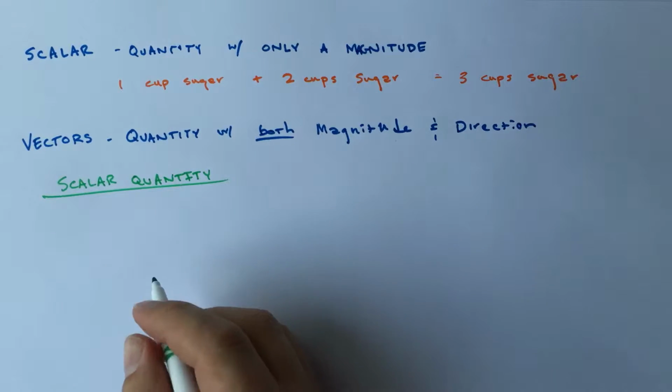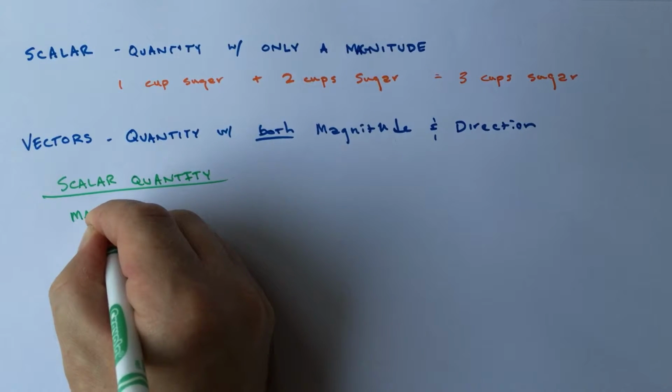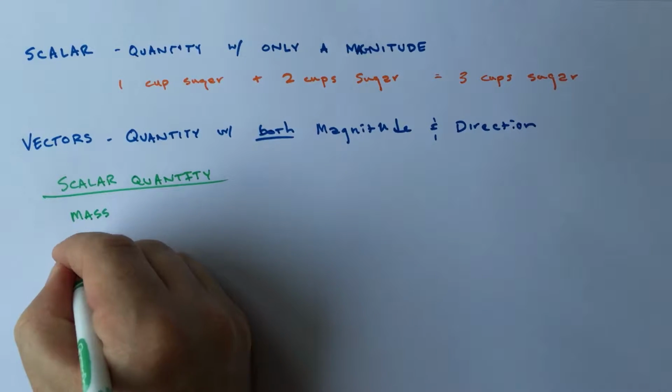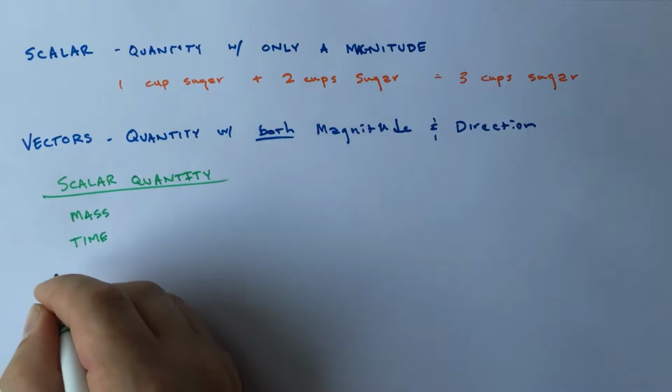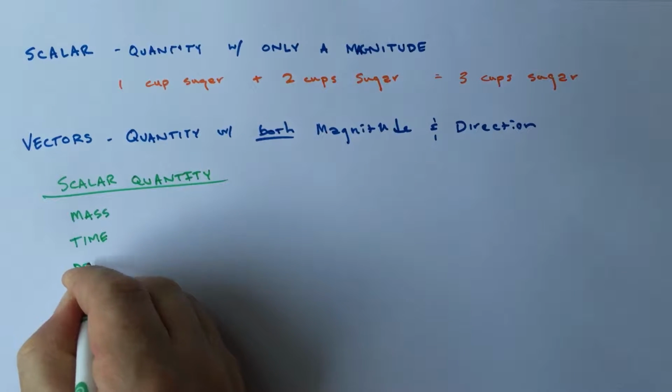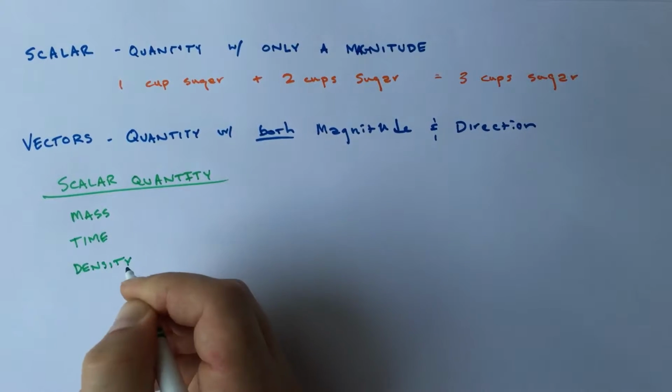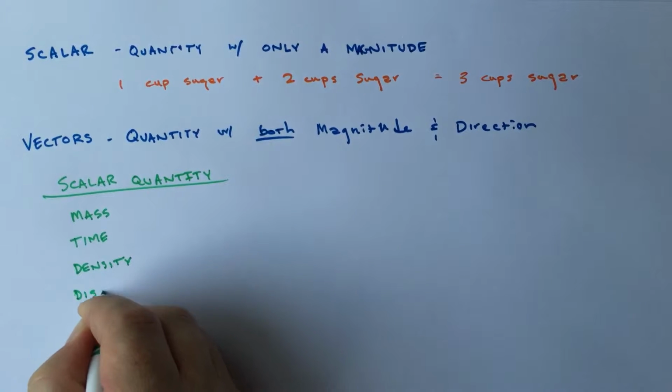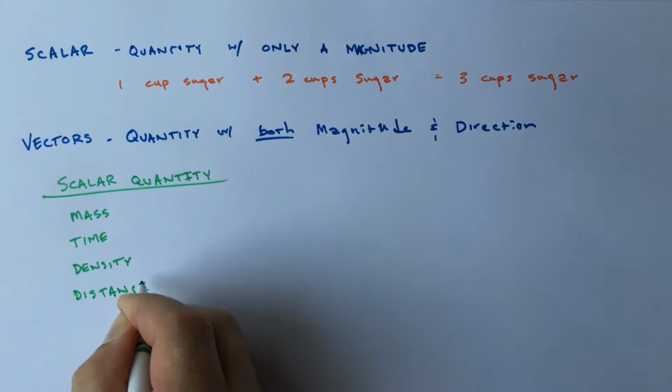Scalar quantities include things like the mass of an object or time, density, distance, speed.